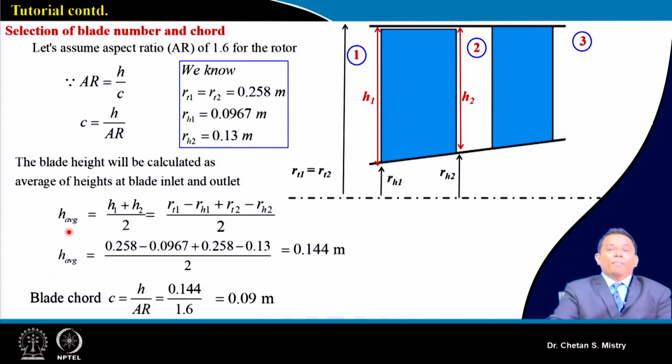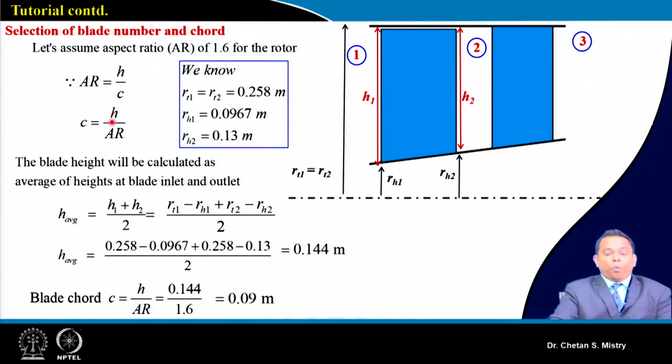So my span or height of the blade is (h1 plus h2) by 2, and h1 and h2 we can write as differences of radius. This is rt1 minus rh1, which gives me h1. Similarly rt2 minus rh2 gives me my height h2. If that's your case, you can calculate your average height, which is coming 0.144 meter.